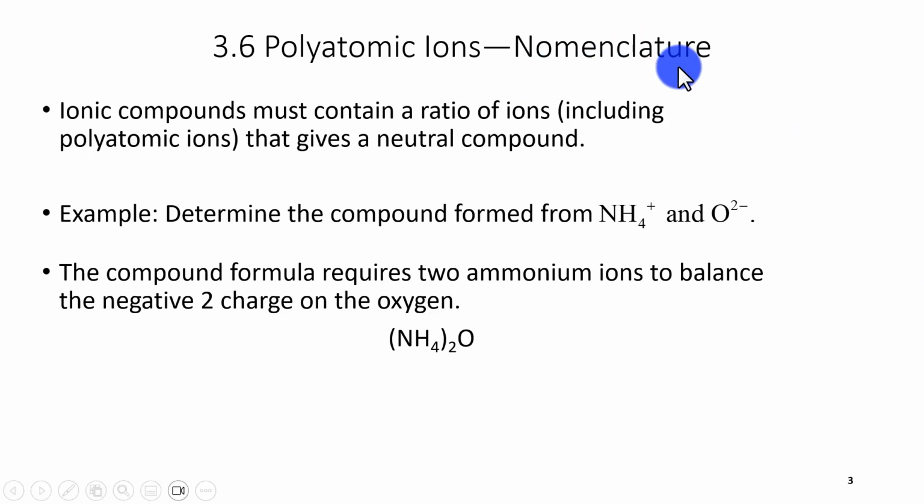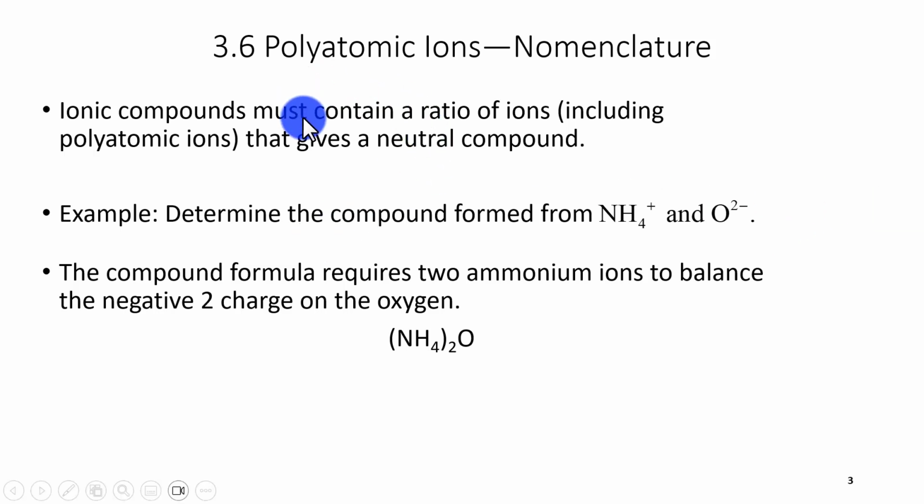Now, let's talk about nomenclature. How do we write chemical formulas if we're given names and vice versa? The basic underlying principle of how to write these formulas of ionic compounds is that ionic compounds are neutral, and therefore they have to have equal positive charges and negative charges that come from anions and cations.